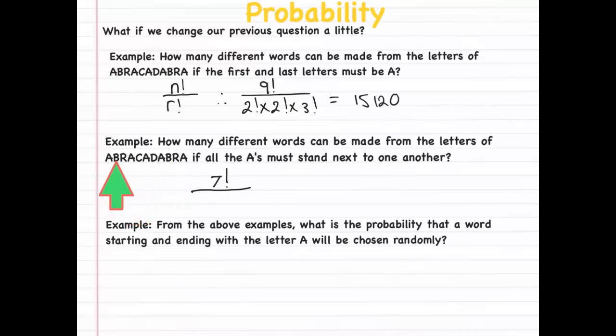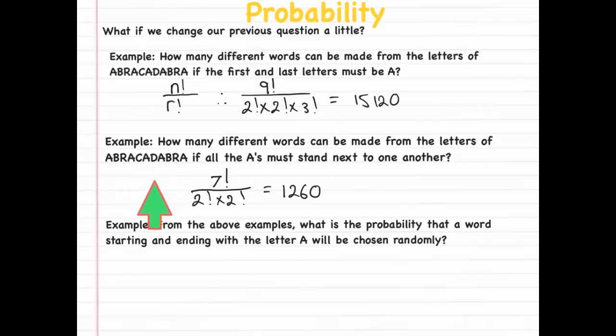So again, we have 2 B's, so that's 2 factorial times, and how many R's? 2 R's, again times 2 factorial, and that is all there is to it. So that gives us 1,260 different words that we can make if we bunch up all the A's.